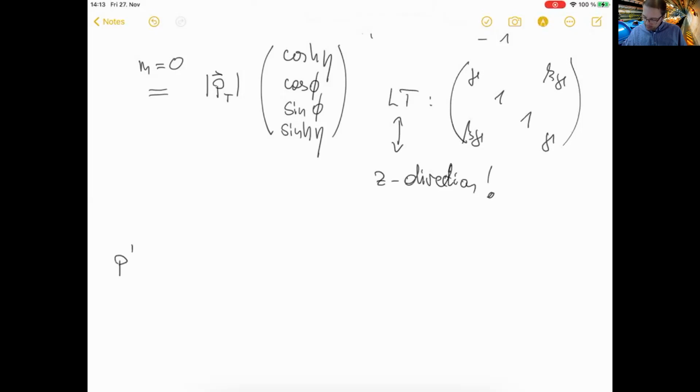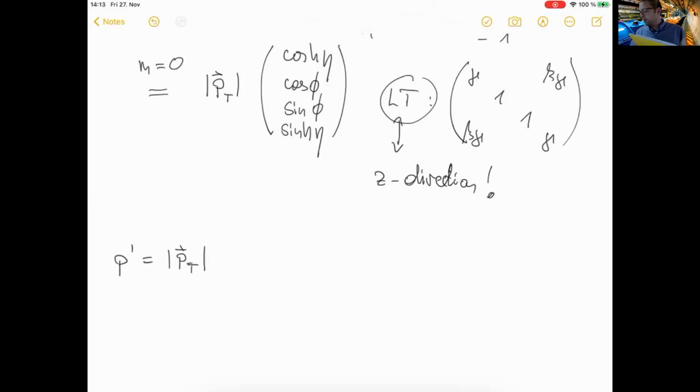P prime is the matrix multiplication of the Lorentz transformation matrix with the vector as written here.